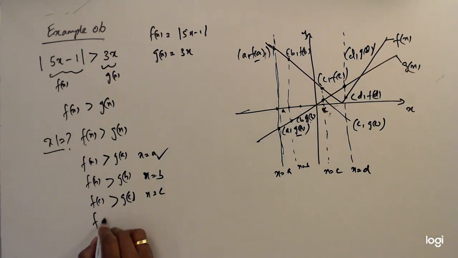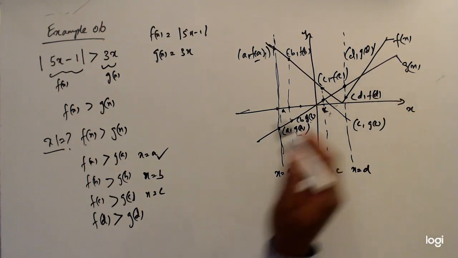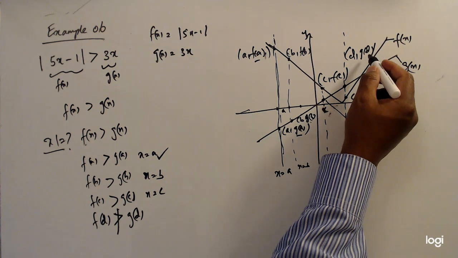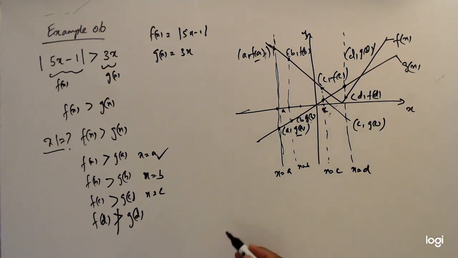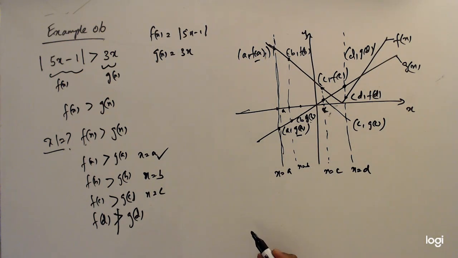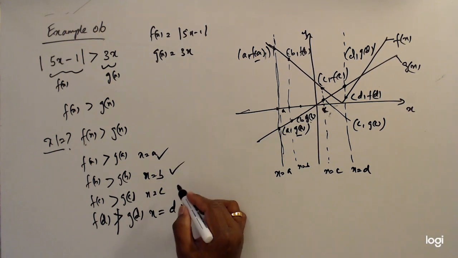Now what can you tell about fd and gd? You can see fd is not greater than gd, because gd is above. gd has a higher value than fd. Hence, x equal d is not the answer. x equal b fine, c fine.